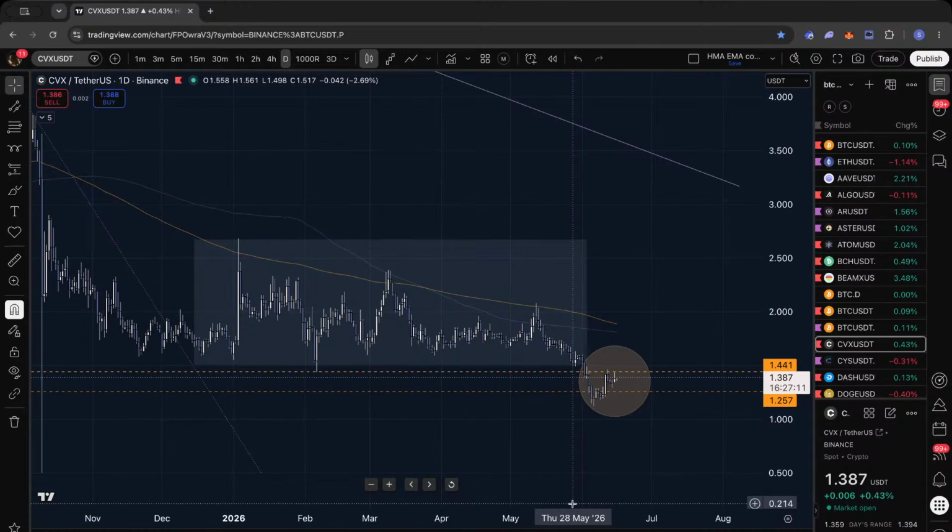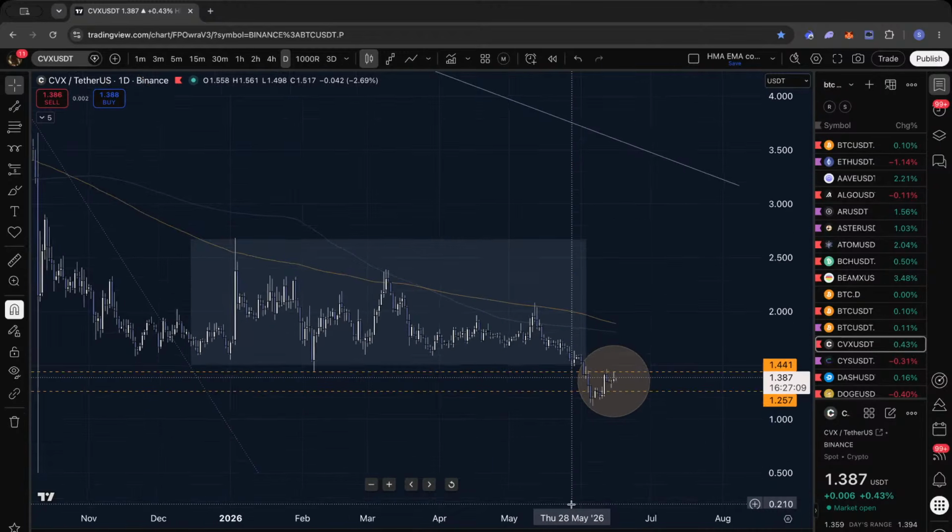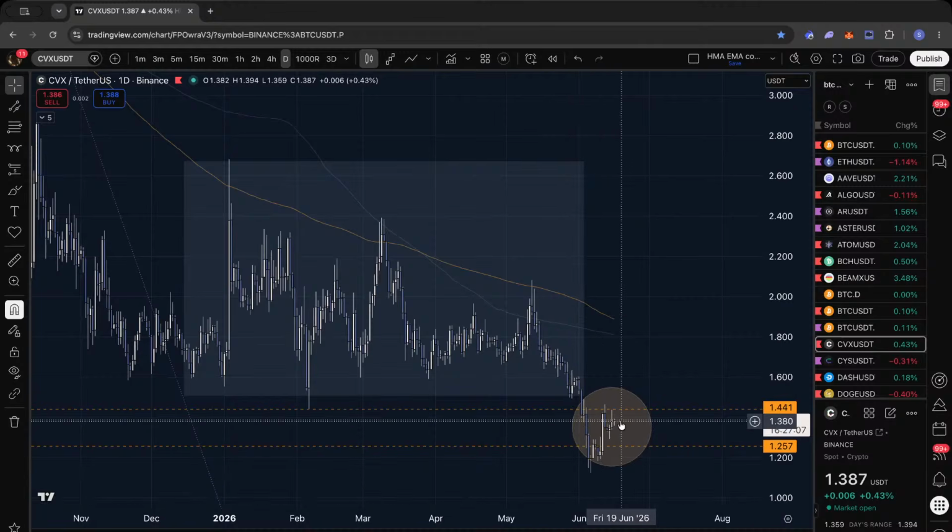I'm expecting an AMD from CheVX. I have a small position for the moment. And same as in the Ethereum case, I'm waiting for a reclaim with strength of this level, and then maybe I'll buy some more. But for the moment, it's failing to deliver.